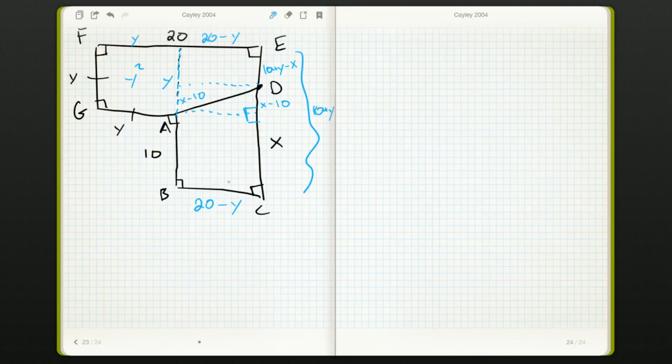Each individual half should be 140. And that should give me a couple of equations. So I can likely solve for Y and X, although maybe I'll just be solving for X. Who knows? What have we got here? So we'll take a look at this half.